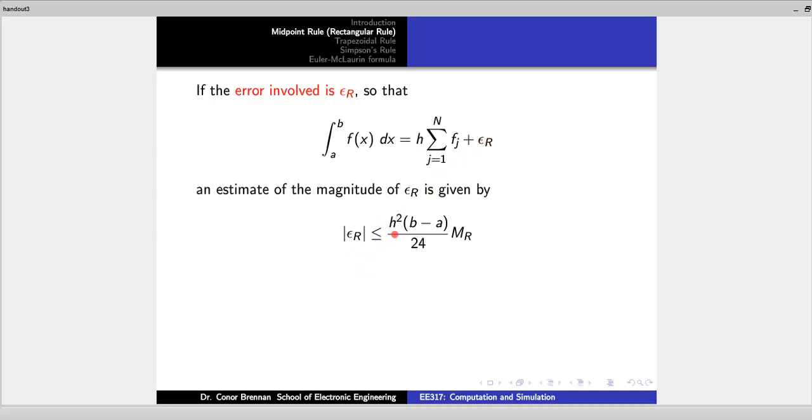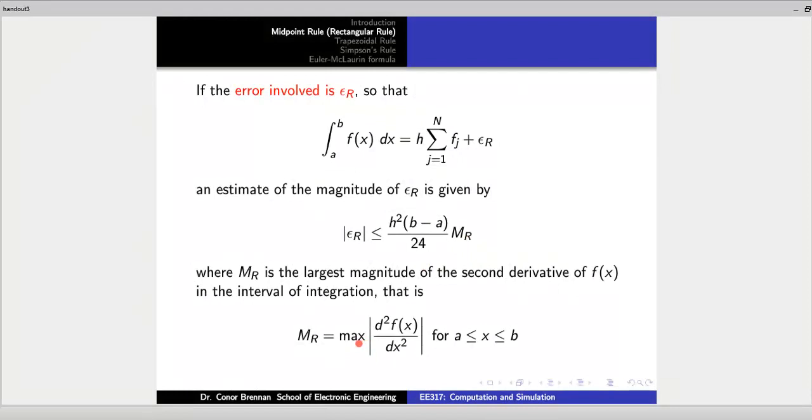It's going to be smaller than or equal to h squared. So the smaller we make h, the better. Makes sense. Multiplied by b minus a, which is the total width of the interval, divided by 24. We'll see where 24 comes from. Multiplied by M, which is the maximum magnitude that the second derivative of f takes between a and b.